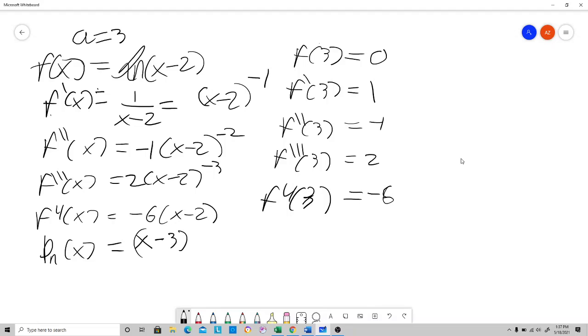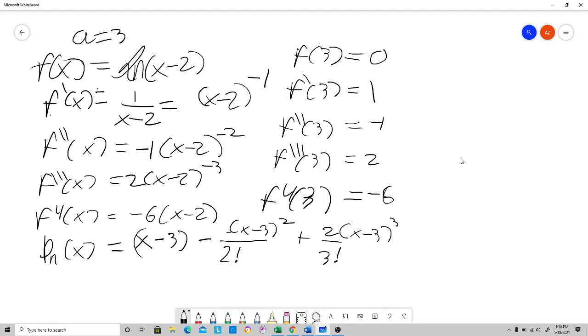And then we see this -1, so let's go to the second one. -1, but then this would be a 2 factorial. And then it will be x minus 3 again to the second power. And then we go to the next one, and it's 2 over the third factorial, and then x minus 3 to the third.